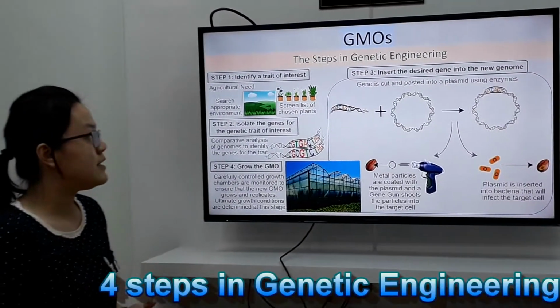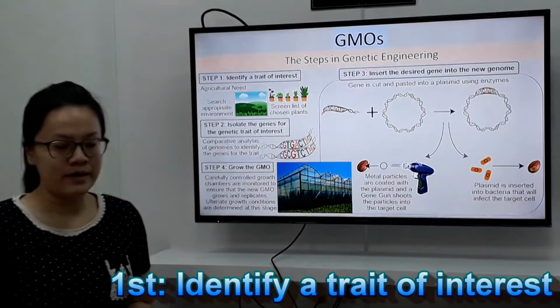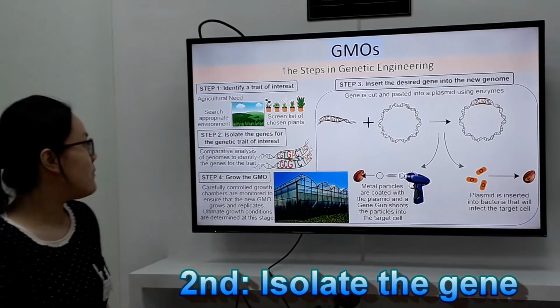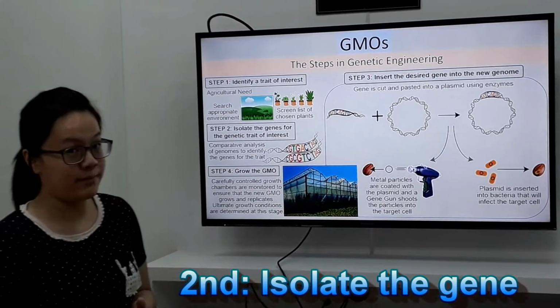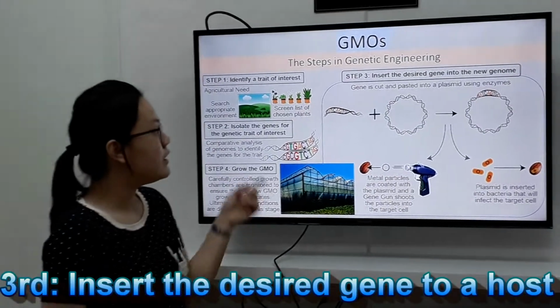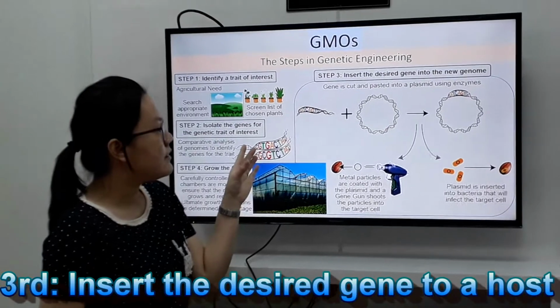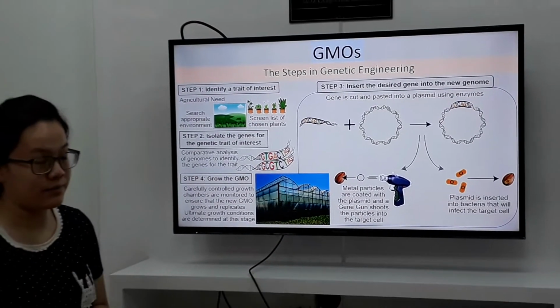There are 4 steps in genetic engineering. First is to identify a trait of interest. Number 2, isolate the gene for the genetic trait of interest. Comparative analysis of the genome is undertaken to identify the gene for the trait. Step 3. The gene is cut and pasted into the plasmid using an enzyme, and the plasmid is inserted into the bacteria that will infect the target cell.